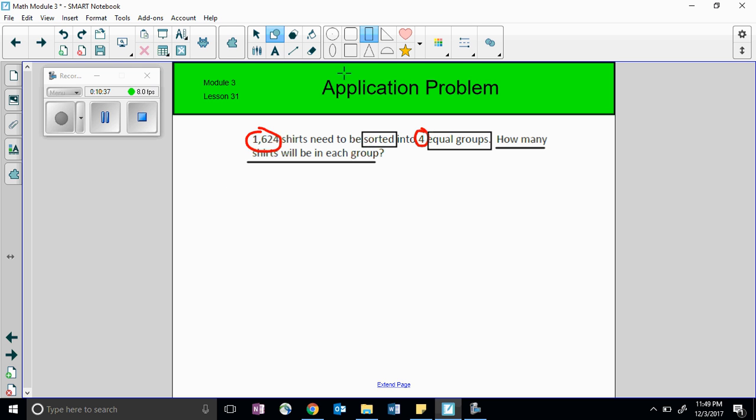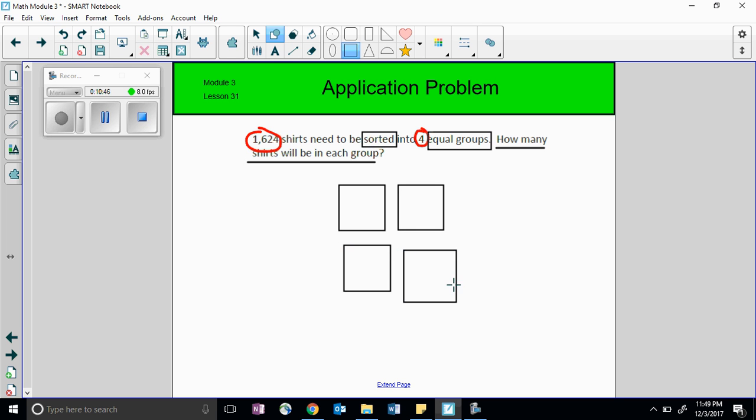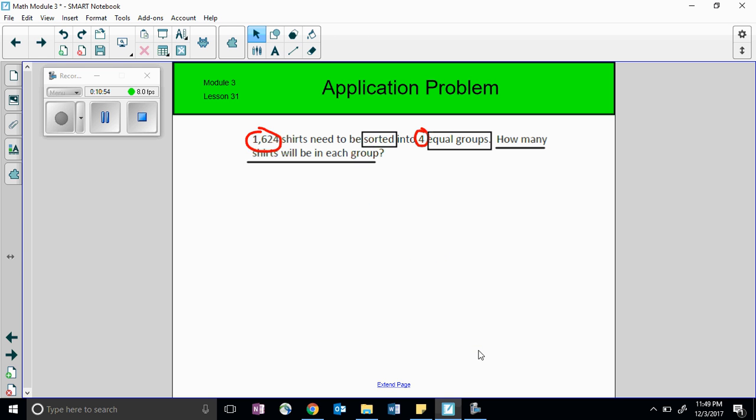So in real life, if I wanted to draw this out, I would need to put 1,624 in each. If I went 1, 2, 3, 4, 5, 6, 7, 8, 9, 10, all the way to 1,624, that would take me an awfully long time.